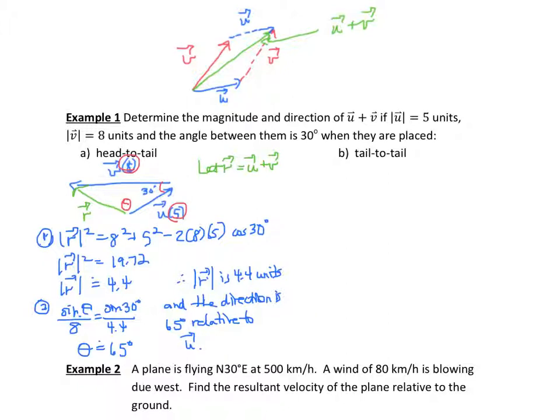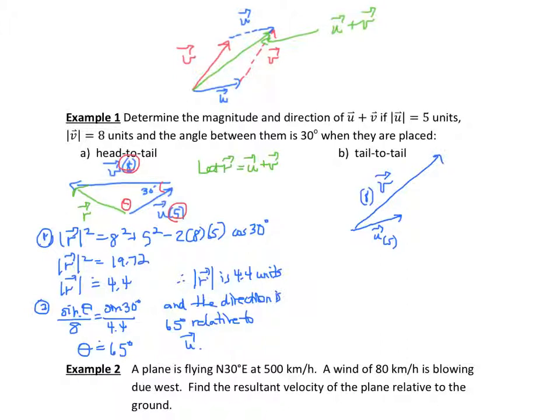Now, if u and v had been placed tail to tail, then we would need to use the parallelogram law. So that would be if we had vector u, which has a magnitude of 5, here, and then tail to tail from that we have vector v, which has a magnitude of 8.